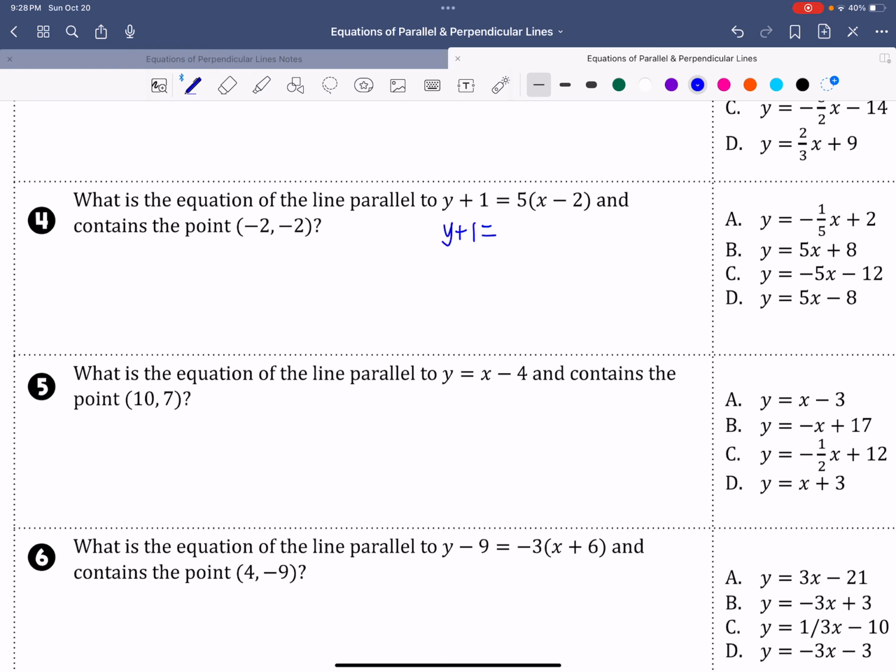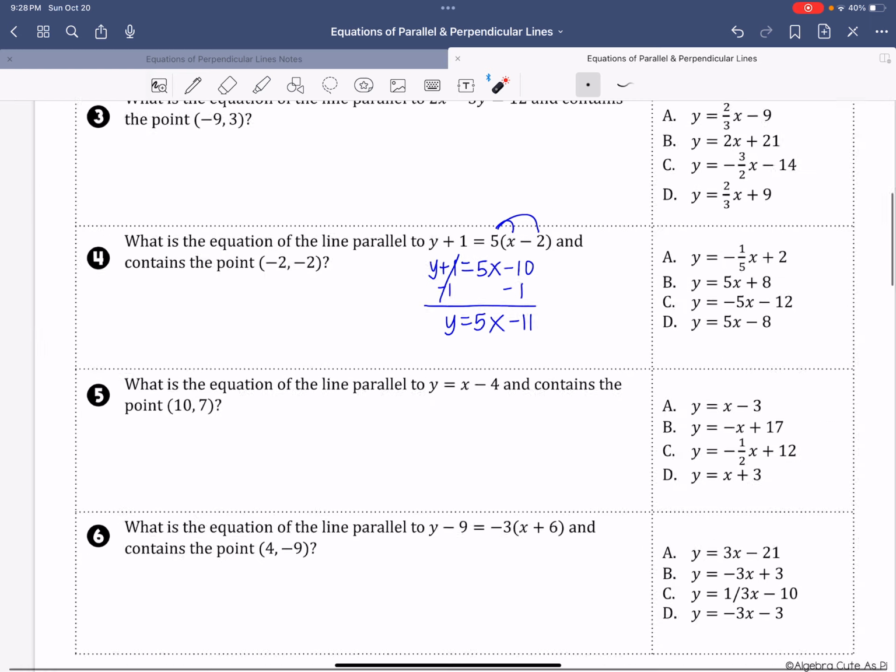So we have y plus 1 equals 5 times x, which is 5x, and 5 times negative 2, which is negative 10. Last step is to subtract over the 1, and here my equation ends up being y equals 5x minus 11. So you want to also go ahead and solve number 6 for y before you go ahead and start the process of identifying your slope and plugging your point into point-slope form.